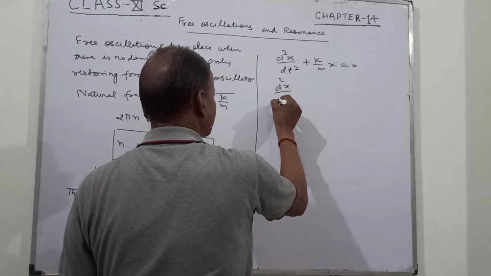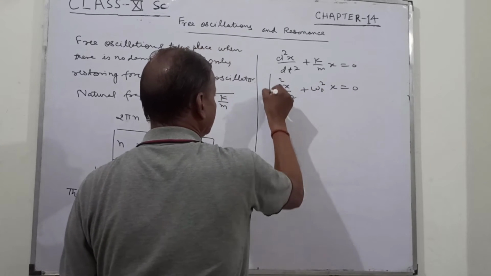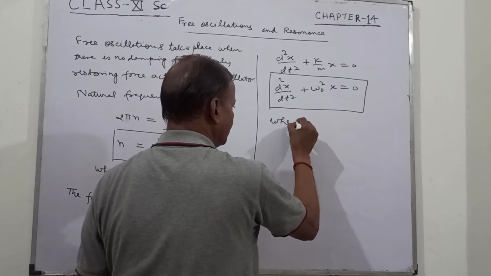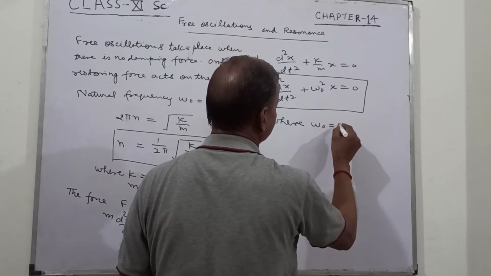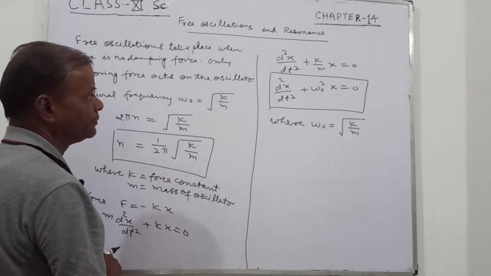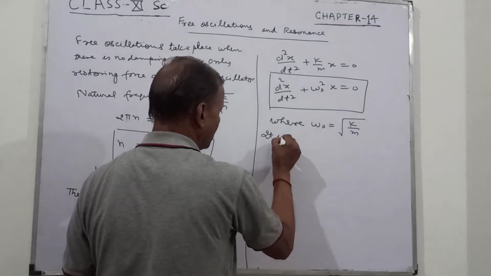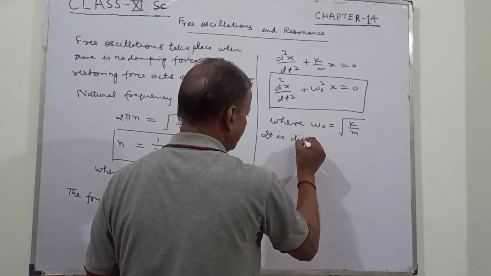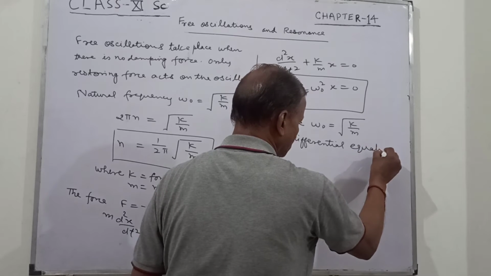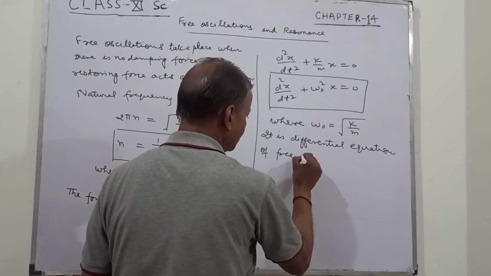So this is d2x upon dt square plus omega naught square x equal to 0, where omega naught equal to square root of k upon m. This is the natural frequency. It is the differential equation of free oscillations.